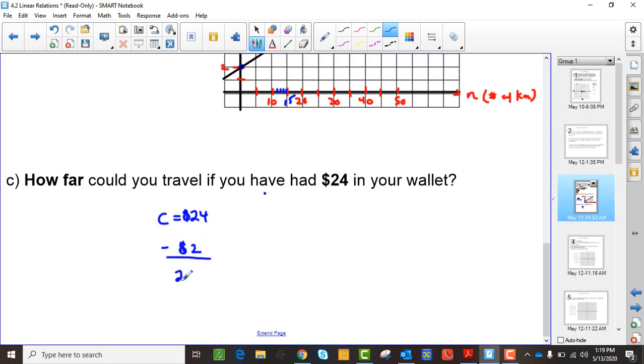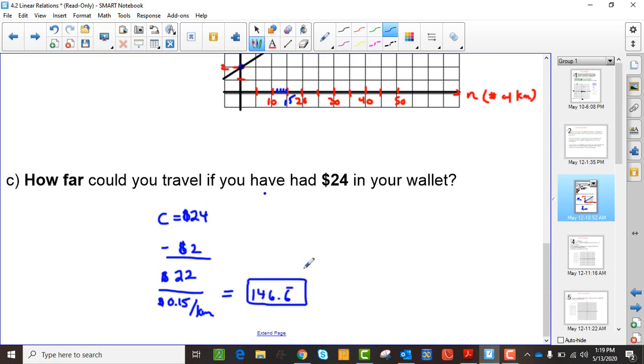So it's going to be $22 that I travel in terms of kilometers, and all I'm going to do is divide that by $0.15 per kilometer, and I'm going to see what that gives me. So if it cost me $22, how many kilometers could I travel? And it's 146.6 repeating.